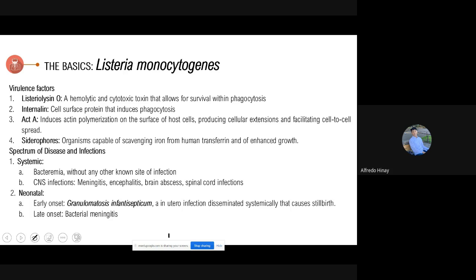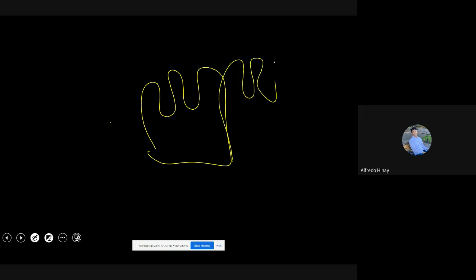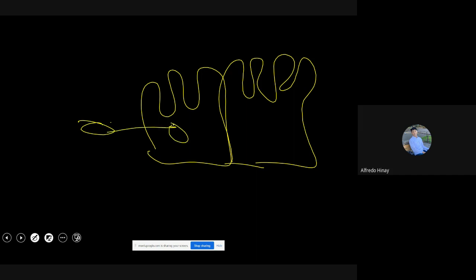And then also with the use of your ActA, it induces actin polymerization on the surface of the host cell, producing cellular extension and facilitating cell-to-cell spread. Grabe talaga, class, Listeria monocytogenes. For example, if we are talking about an endothelial cell, Listeria enters because of internalin. Then after entering, it releases listeriolysin O to hijack the protein synthesis.